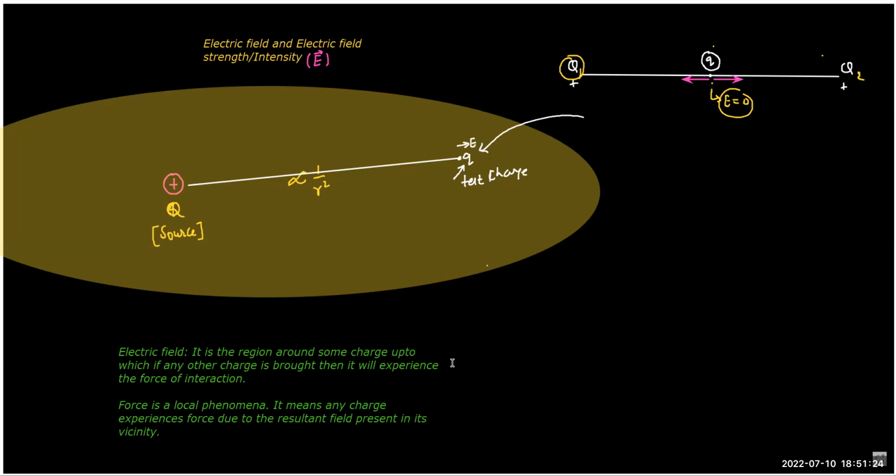And now we have another charge, small q, on which we would like to find the force. So who will apply force on that charge? The field of all the charges.